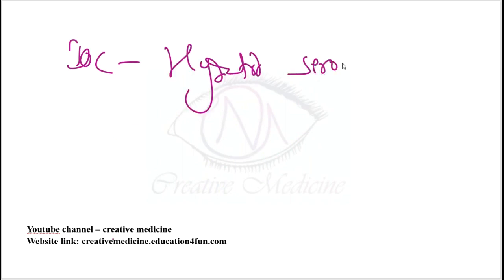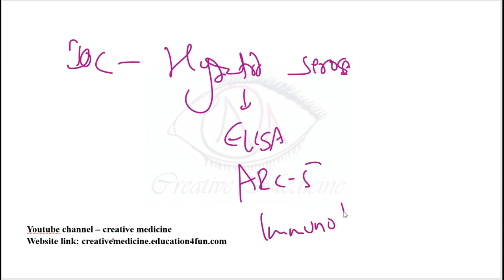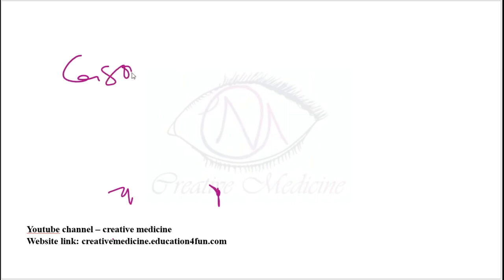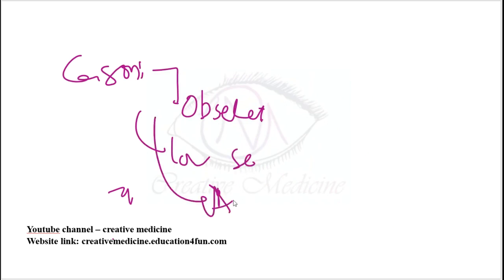The investigation of choice is hydatid serology. Here you can do ELISA, ARC5, and also immunoblot. All these will give almost 95% sensitivity and specificity. And we have the Casoni test. The Casoni test is obsolete because it has low sensitivity and can also cause anaphylactic reactions.